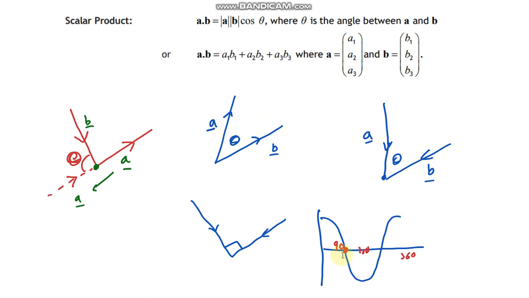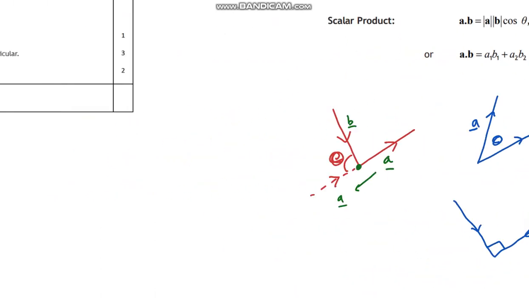So if I was to do cos of 90, I would get 0. In the same way, if I did cos of 270, I would also get 0. In the same way, if I did cos of 180, I would get negative 1. If I did cos of 0, I'd get 1. Cos of 360, I'd get 1. So cos of 90 gives you 0. So the scalar product for perpendicular vectors is always going to be 0.